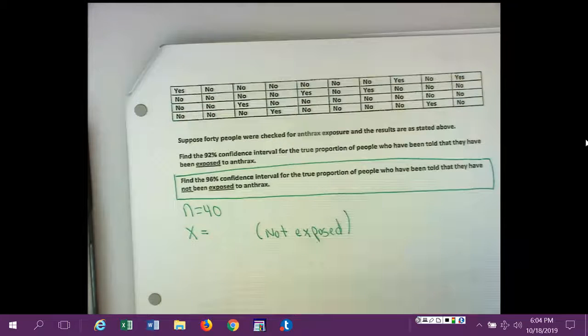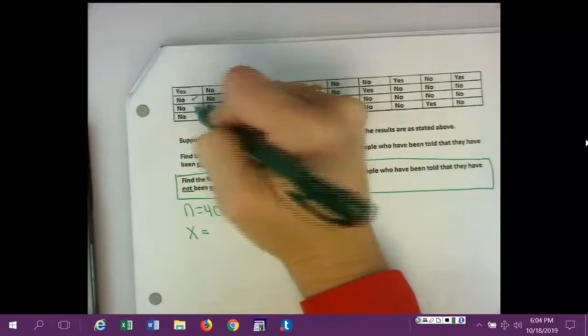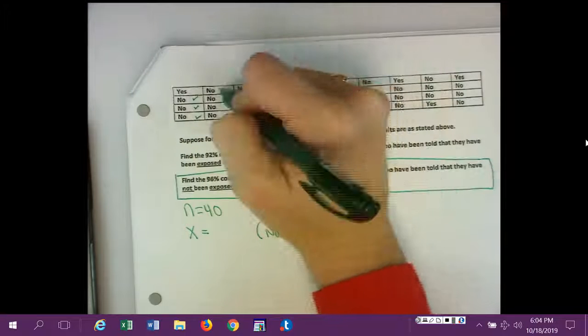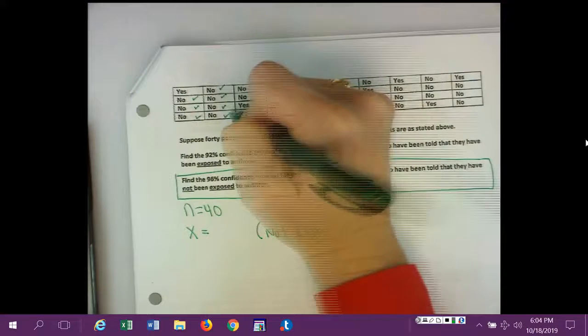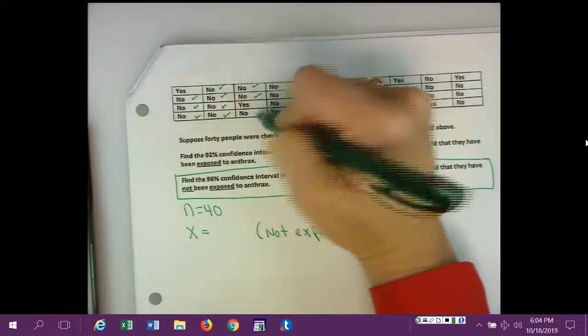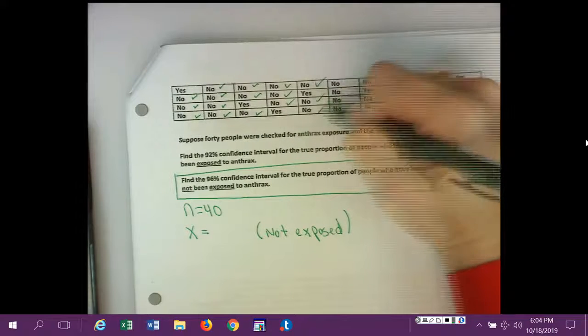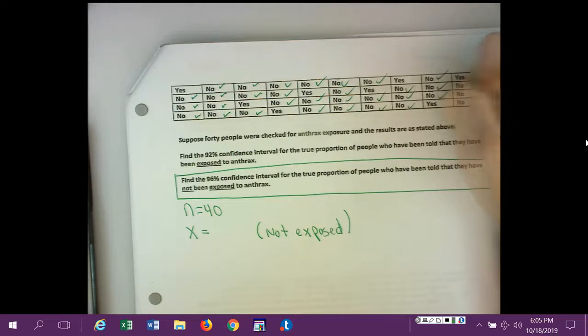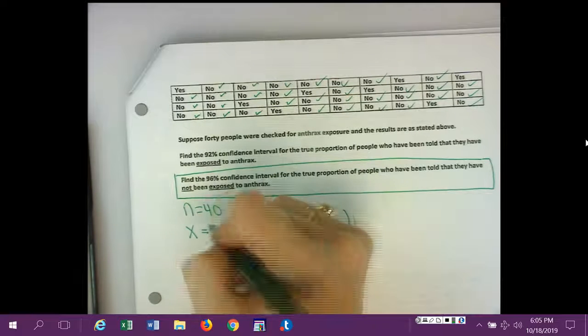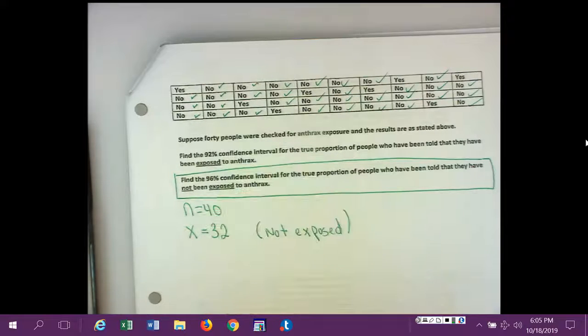So what I think we should do is check them. 1, 2, 3, 4, 5, 6, 7, 8, 9, 10, 11, 12, 13, 14, 15, 16, 17, 18, 19, 20, 21, 22, 23, 24, 25, 26, 27, 28, 29, 30, 31, 32. X is 32.